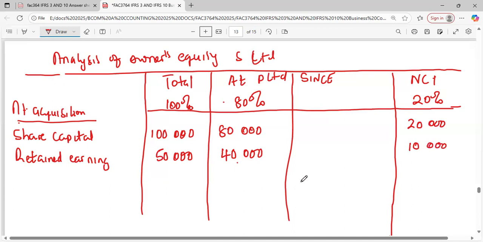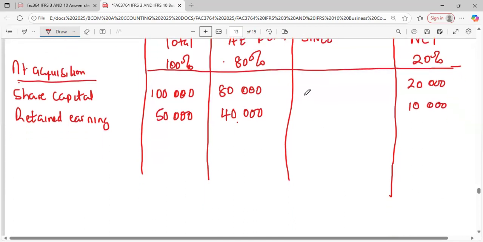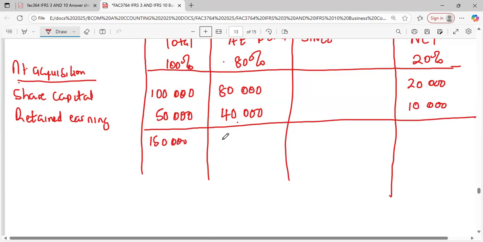So this is the equity that was purchased. You need now to draw your line, and you are going to have 150,000 here, and you are going to have 120,000 here. Right. If you check these figures now, you go and look at how much was paid by P Limited to acquire this equity of 120,000.